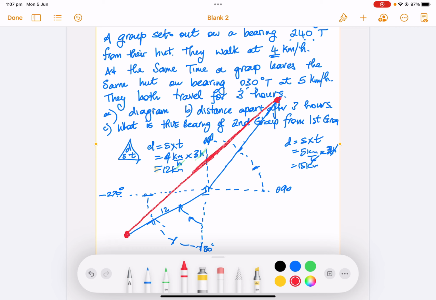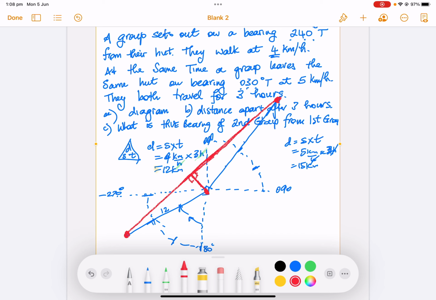Okay, so, well, we could break it up into 2 triangles. Like this. We don't have to, but we could. And this angle here, let's see, well, you know what, I'm going to do something different.